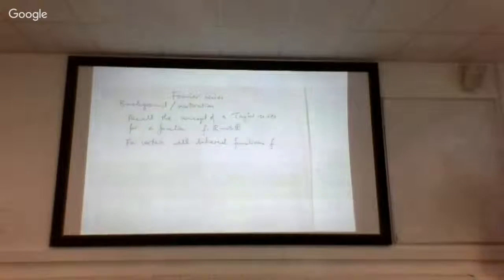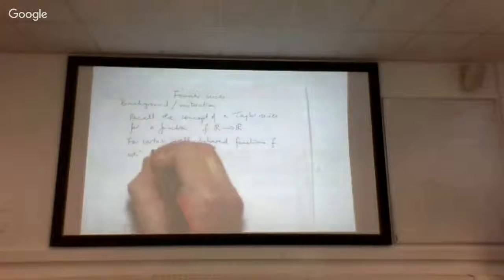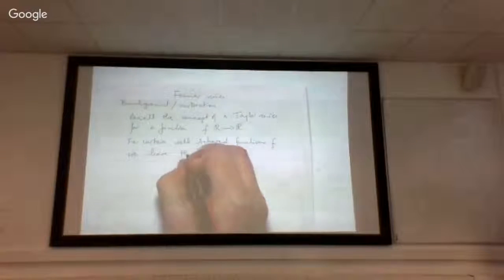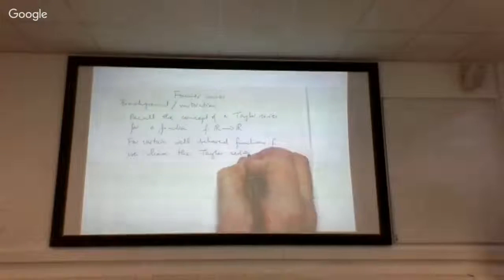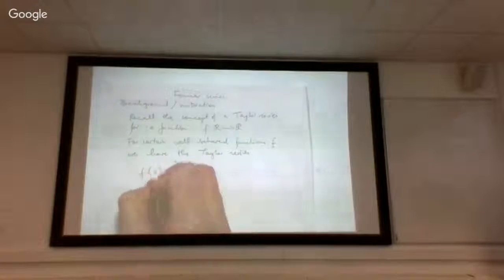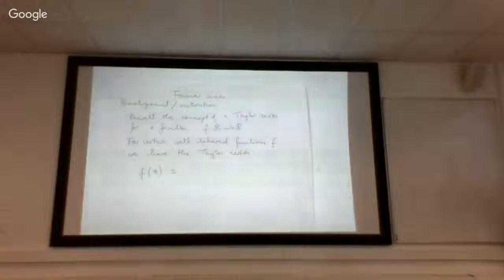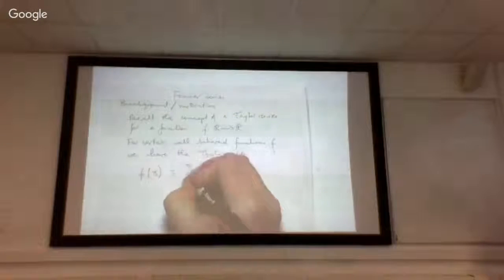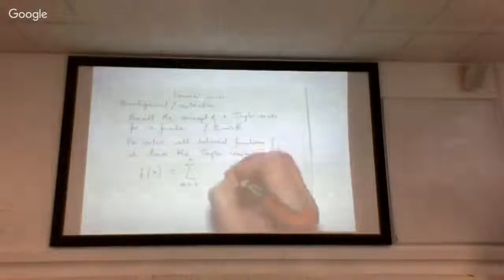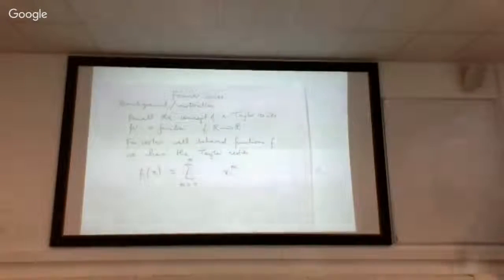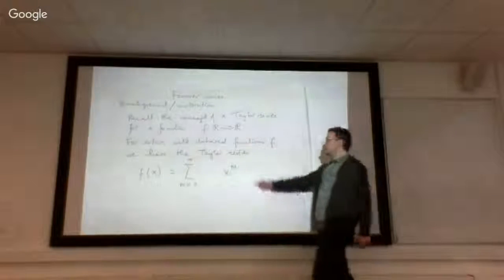For certain well-behaved functions f, we have the Taylor series for f, which is a way to represent the values of the function in a standard way, as a kind of infinite polynomial in the argument x.